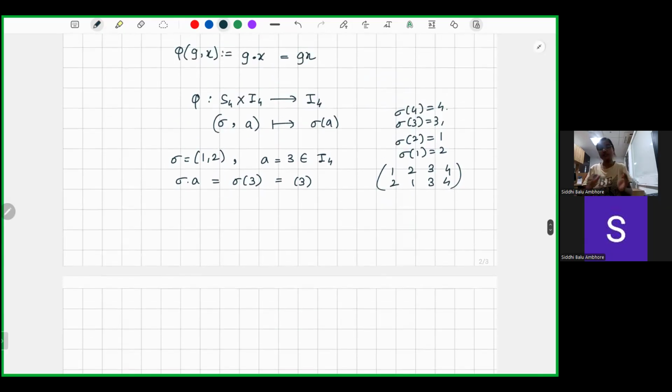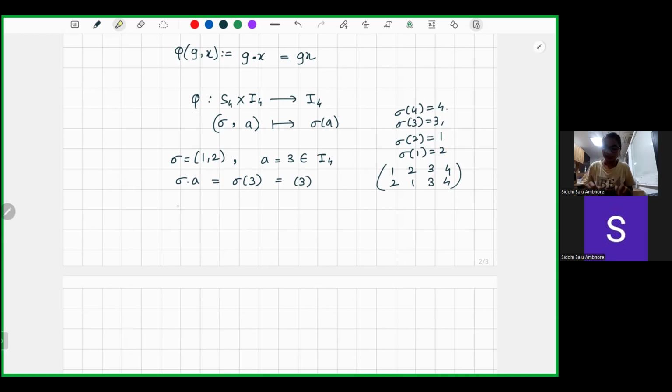So note that even though S4 has these 4 elements, I mean, it is a bijection of 4 objects to 4 objects, and my I4 is just a set, and when sigma acts on I4, it acts on an element of I4, and again it is giving me some element of I4.